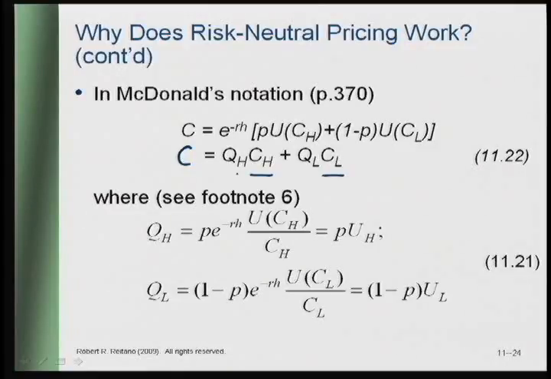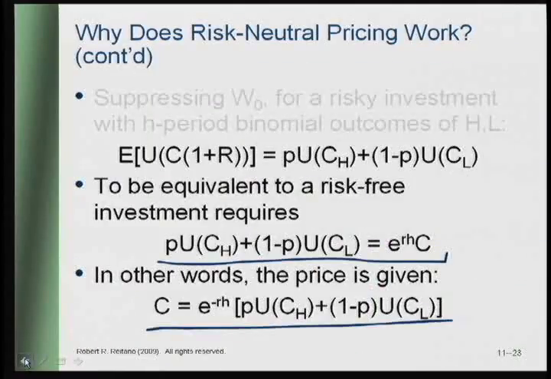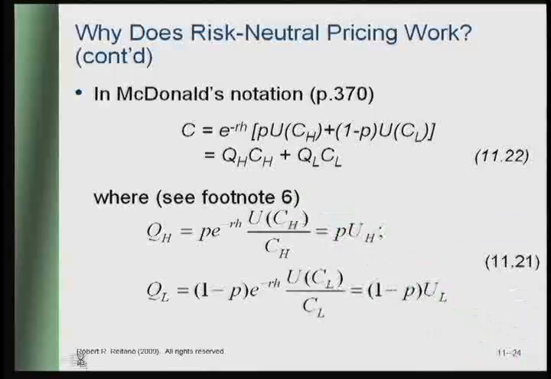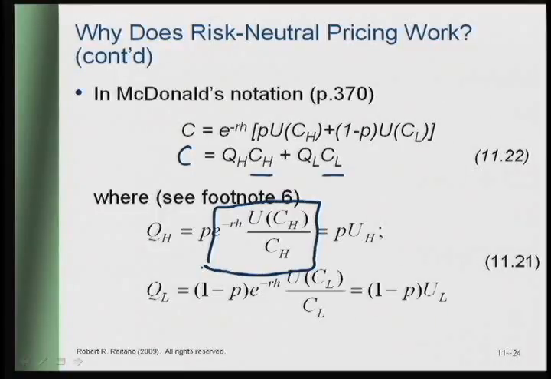And if you compare his formula to my formula, you will see that, consistent with his footnote 6, QH is equal to P times UH. And here's UH. He mentions in the footnote that UH is a utility, a discounted utility.